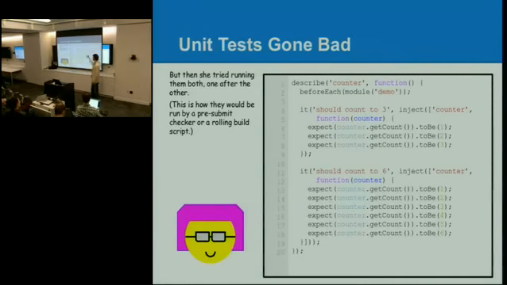Or alternatively, a rolling build script would integrate new code into either a QA or production environment, and it would run these unit tests before doing so, one after the other like this.